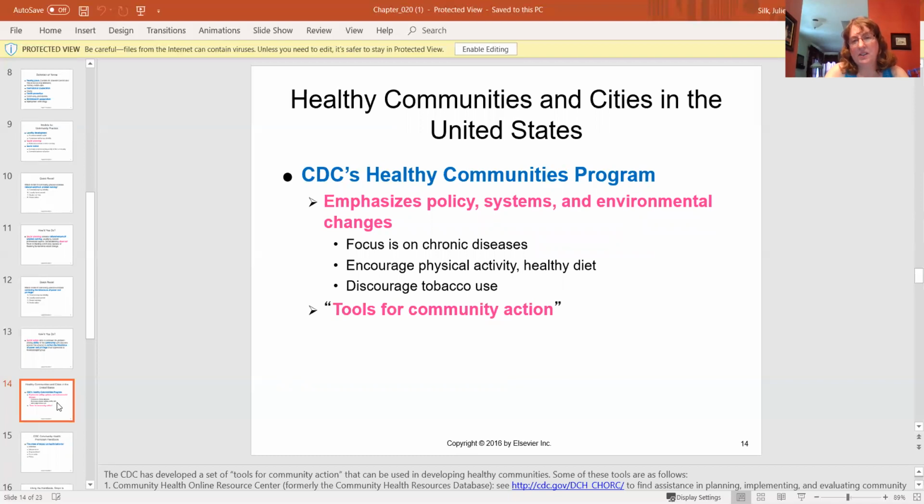Okay, healthy communities in the cities in the United States. The CDC has developed a set of tools for community action that can be used in developing healthy communities. Some of these tools are as follows.